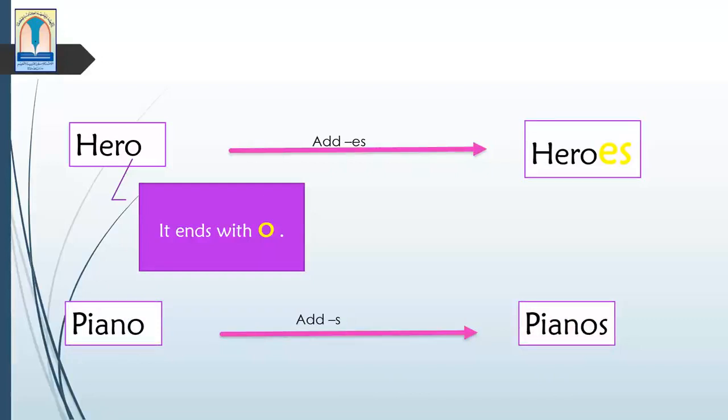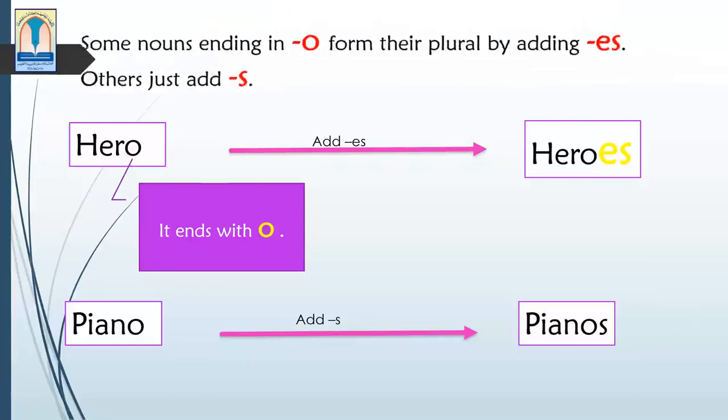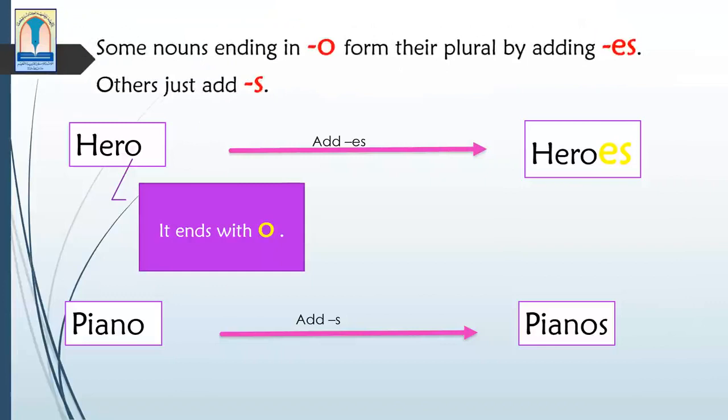And it didn't take an ES. Then also in the O rule we have exceptions. Some nouns ending in O form their plural by adding ES. Others just add S. Over here, it's a matter of practice to know the words which end with ES and those which only require S.